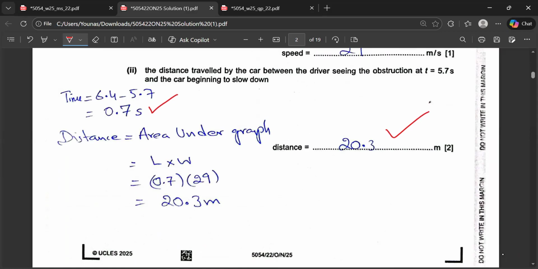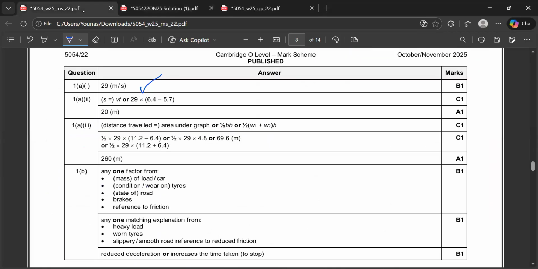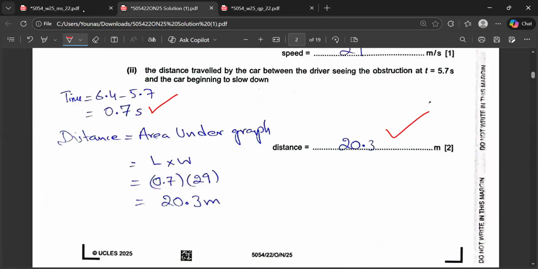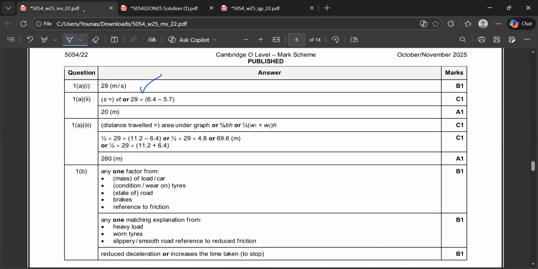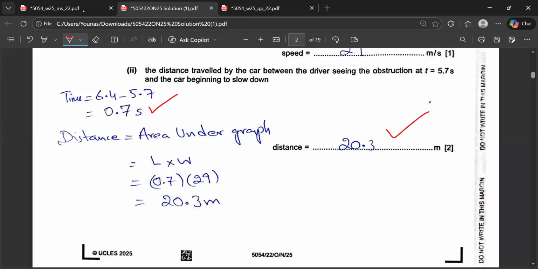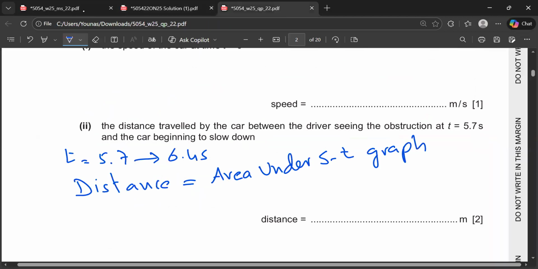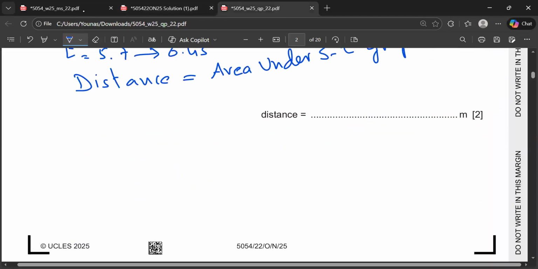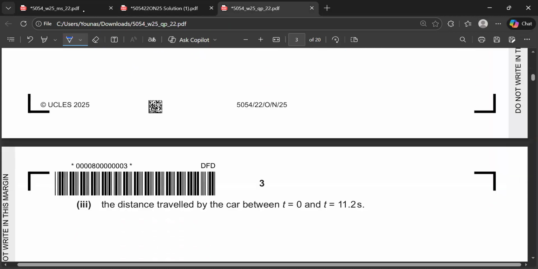The length is 0.7 and 29 is the width. Just multiply them and you get the distance traveled. So my answer is 20.3, and they have rounded it off to 20. So our answer is right. This is how this is done. We are done with question number 1, part A, second portion.